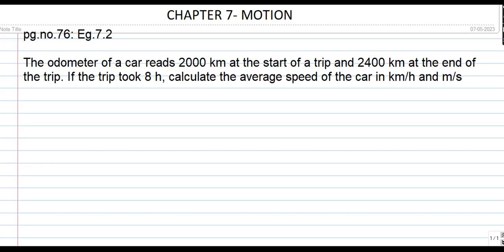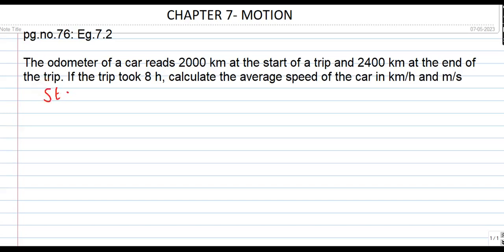So now what are the informations we have? What is an odometer? Odometer is the instrument which is going to give you the distance covered by the vehicle. So this we have seen in all our bikes, cars, etc. So now what is said? The odometer reads 2000 kilometer at the start.